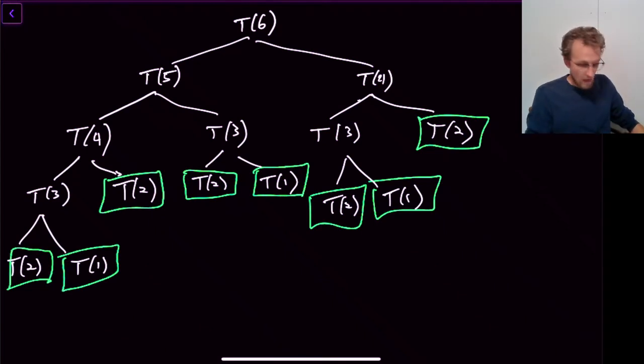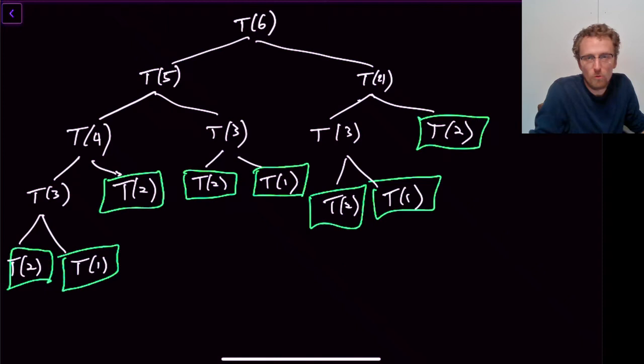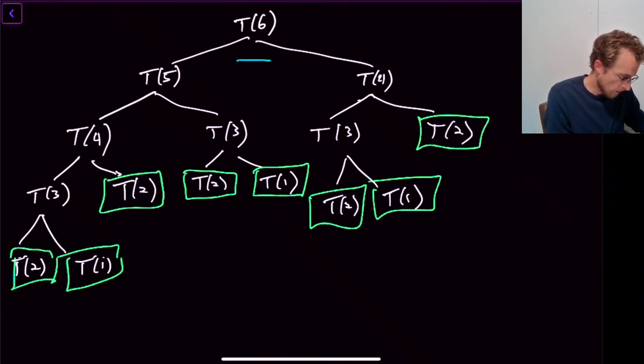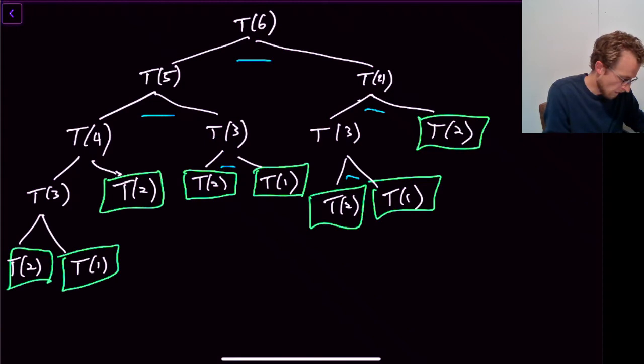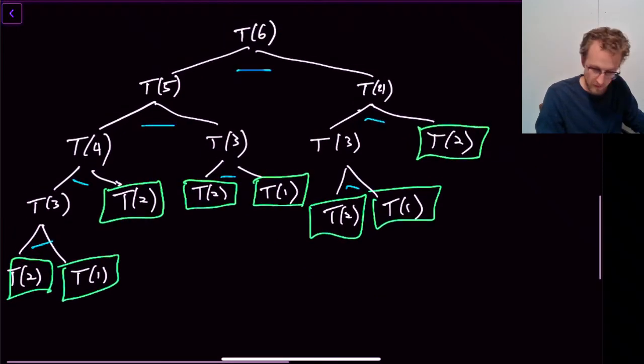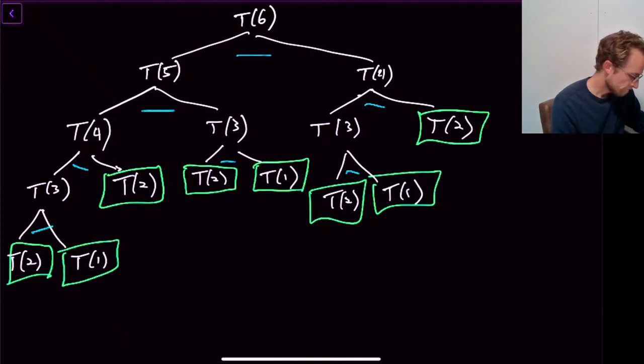Okay. So now let's think a little bit about how many total additions we have done. So each time this thing branches, basically, we have an addition. So we've got 1, 2, 3, 4, 5, 6, 7 total additions. Okay, so what is T of 6? T of 6 equals 7 additions.